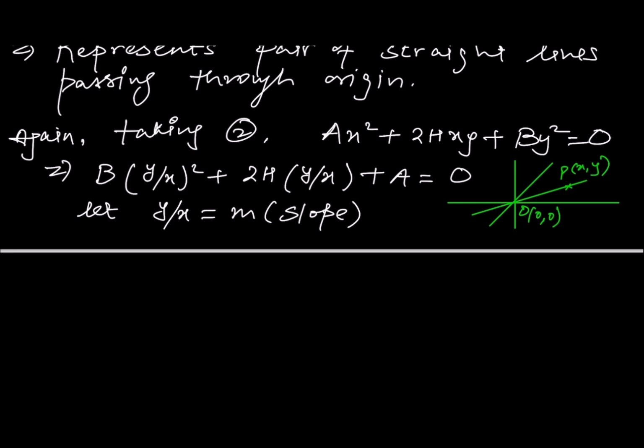If I try to find the slope of OP, it will be y minus 0 upon x minus 0, which is y by x. So that's why I'm taking y by x equal to slope.